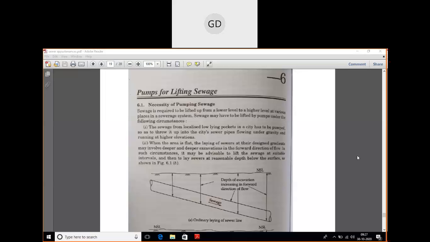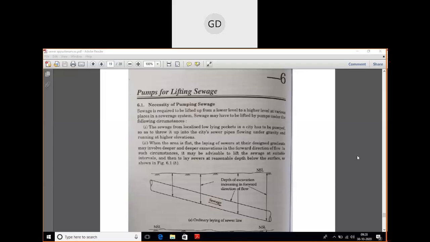Number two is when the area is flat. When the area is flat, the laying of sewers at their designed gradients may involve deeper and deeper excavations in the forward direction of flow. If you have self-studied the laying of sewers, you will know that they involve deep excavations in the forward direction.